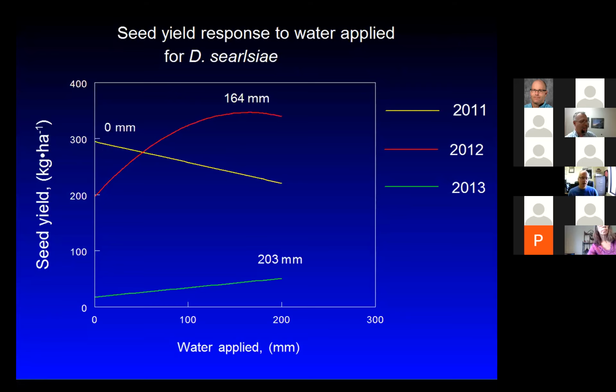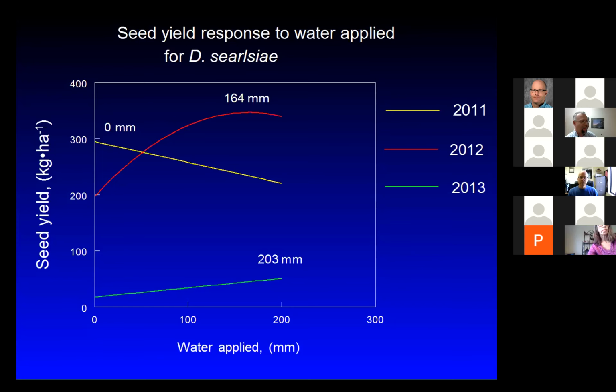In 2012, the highest seed yield was at about 6 inches of water applied. But in 2013, the highest seed yield was with the highest amount of water applied, 8 inches. So you can see that there's a lot of year-to-year variability in the responses to irrigation.